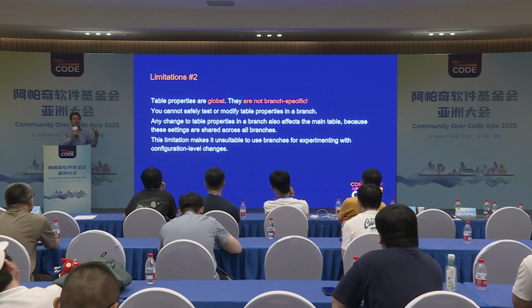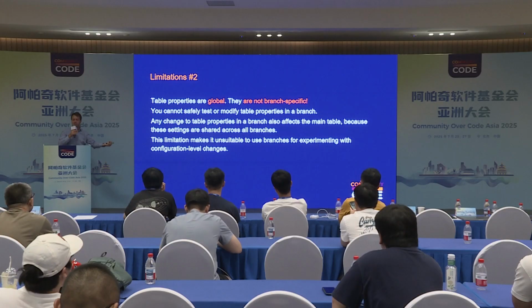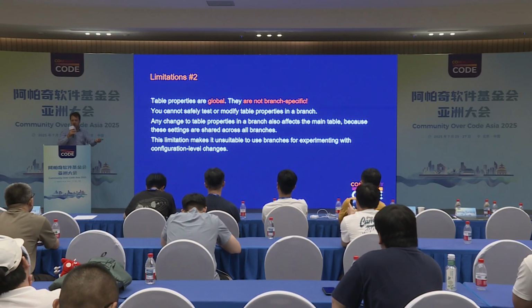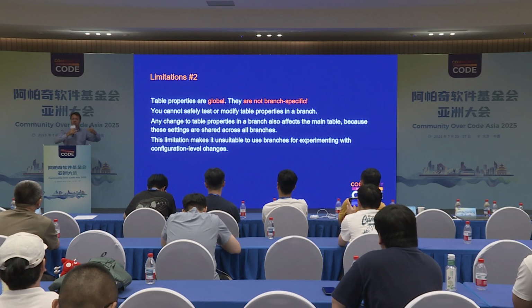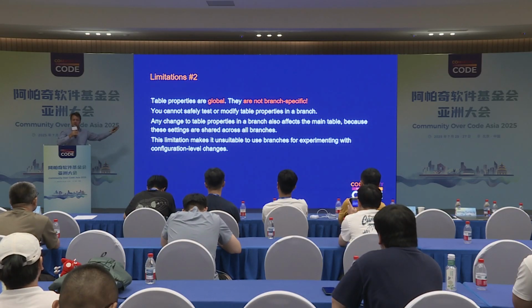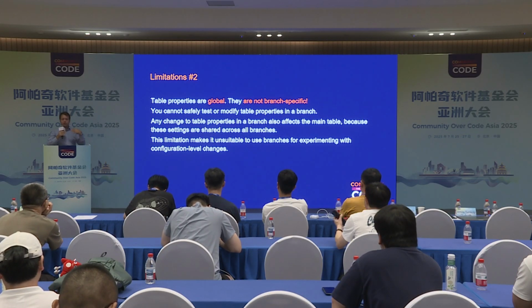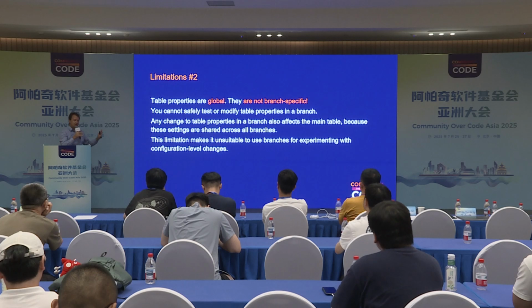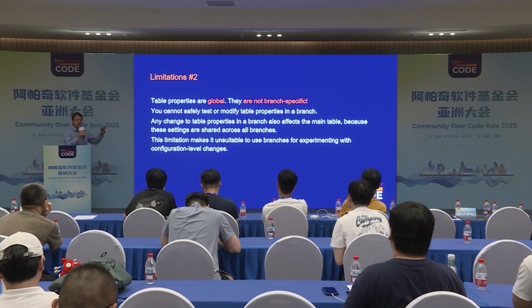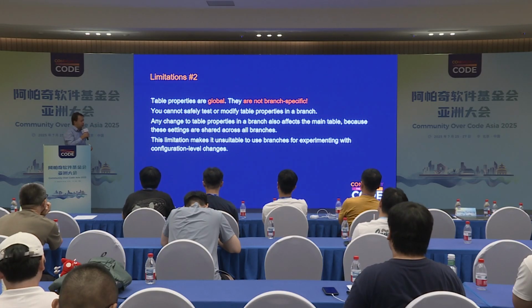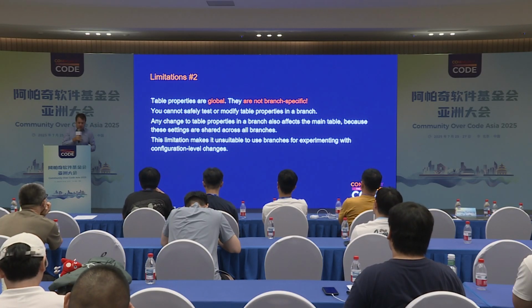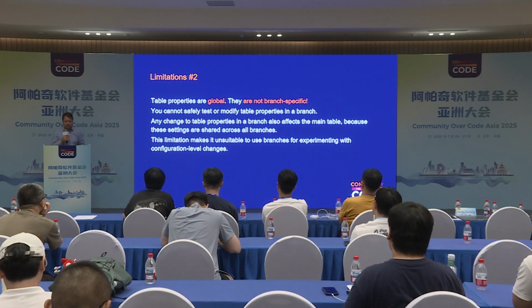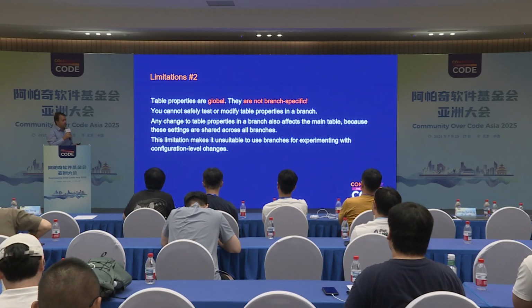If you change, for example, the table properties for the dev branch or the audit branch or staging branch, it will also affect the main branch. So if you say, okay, I changed the caching size or something else, no. It is globally available. It is not related to the branches.